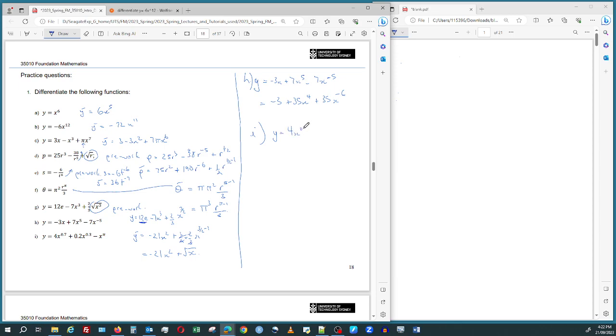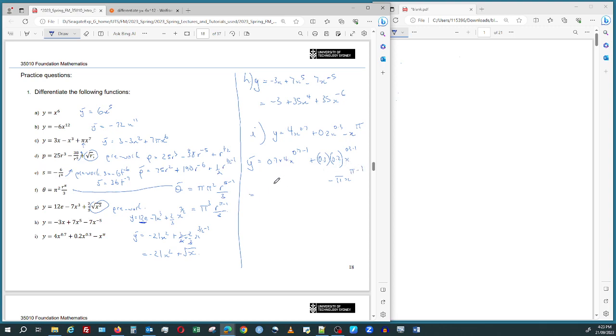4x to the 0.7 plus 0.2x to the 0.3 minus x to the pi. Just write them out if you need to. Use a bit of space, it doesn't matter. 0.7 times 4x to the 0.7 minus 1, plus 0.3 times 0.2, x to the power 0.3 minus 1, and that's minus pi x to the pi minus 1.